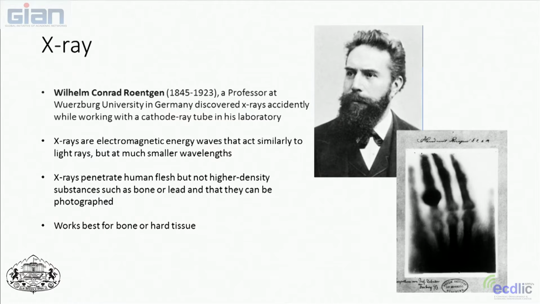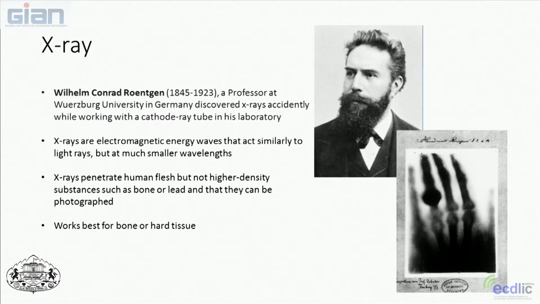He was working with a cathode ray tube in his laboratory, and in doing so, he accidentally discovered X-rays. He noticed that the X-rays were leaving impressions on a piece of film that he had, and he noticed that you could start taking a picture with these. So it was a surprise discovery on his part.